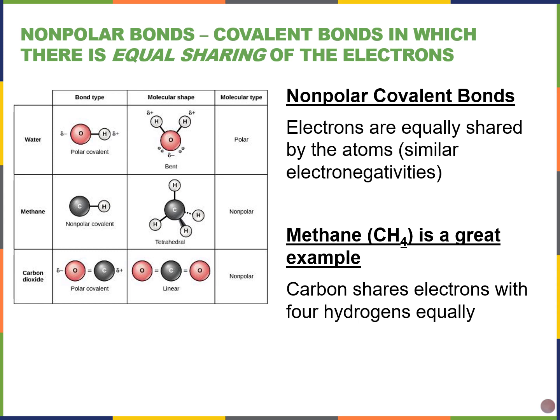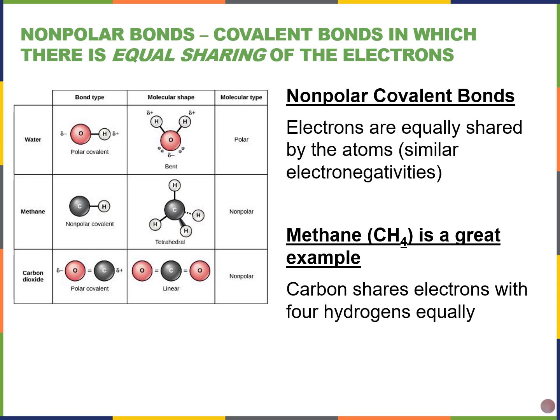This is because in nonpolar covalent bonds, the atoms have equal or similar electronegativities. Electronegativity is an atom's affinity for electrons. I like to think of this as how greedy an atom is for electrons.